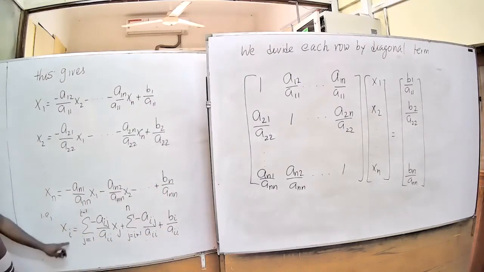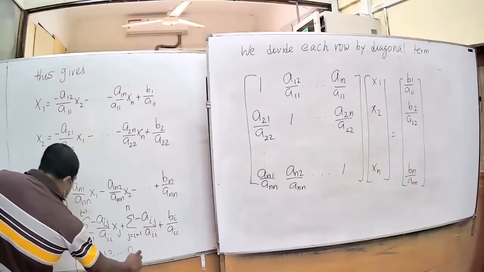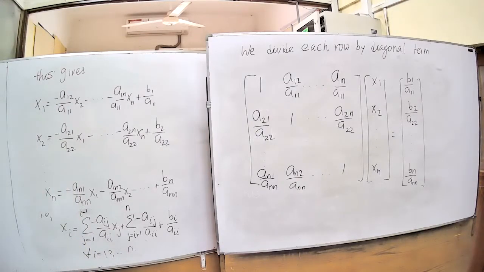So you can summarize this in this form, where i is equal to 1, 2, up to n. Given a system of equations, you can first interchange the rows to make sure you have non-zero terms on the diagonal, and then you divide through by the diagonal terms, and then you solve for xi for each equation, i running from 1 to n.